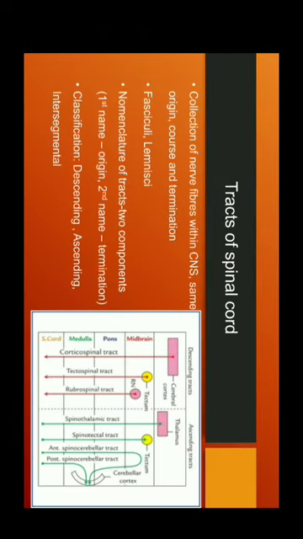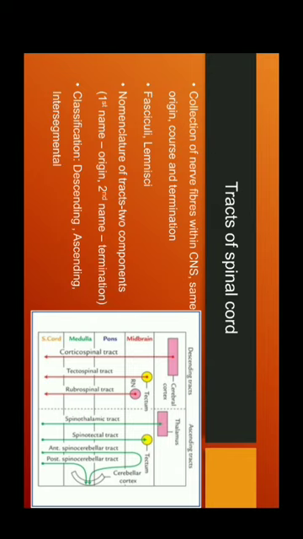So as we have finished with what exactly the white matter consists of, it consists of the tract. The tract is nothing but the collection of nerve fibers within the CNS which have the same origin, course and termination. The tracts have some different names like fascicular or lemniscus.